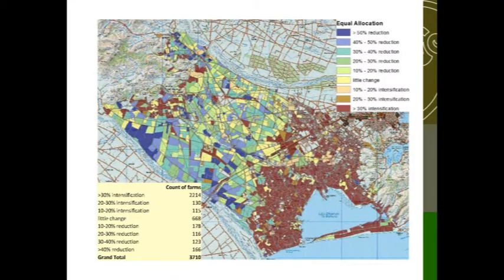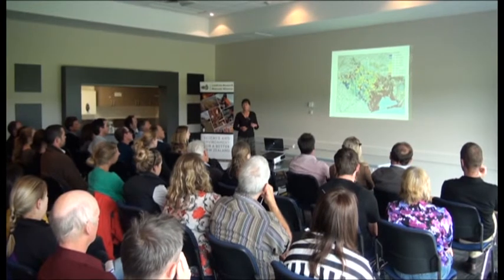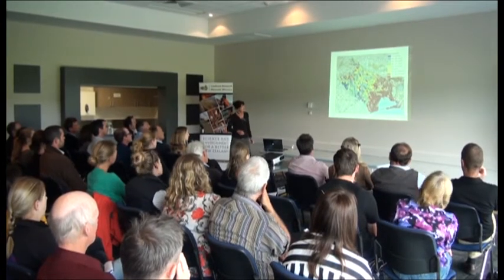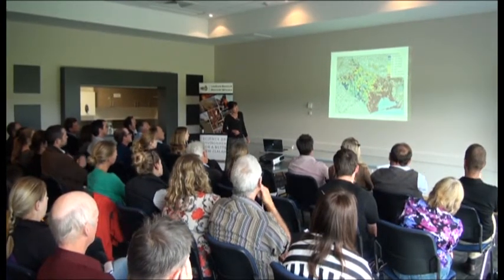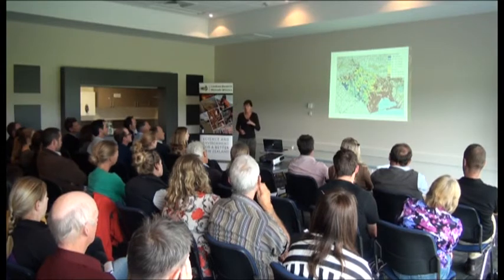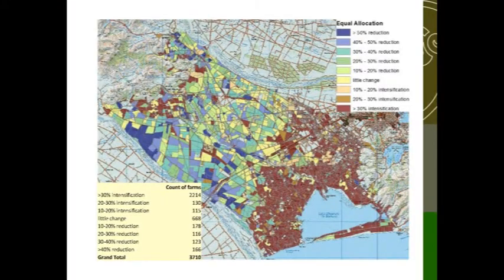This map was one that I did for ECAN, looking at the difference if you'd set your total load limit, and if you were to divvy it up over everyone equally, what would that then mean in terms of what farmers were doing now? And what it says is that all the brown ones would be less than their average load, which meant that they would have room to intensify.